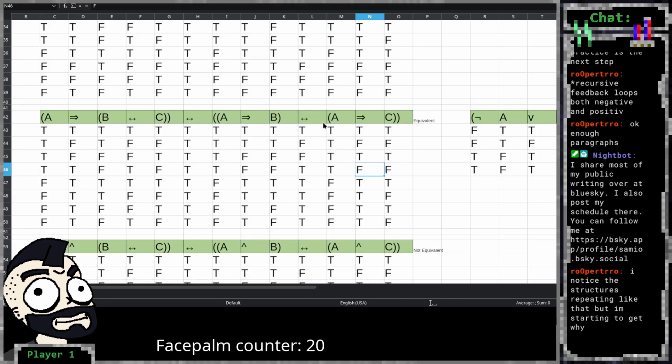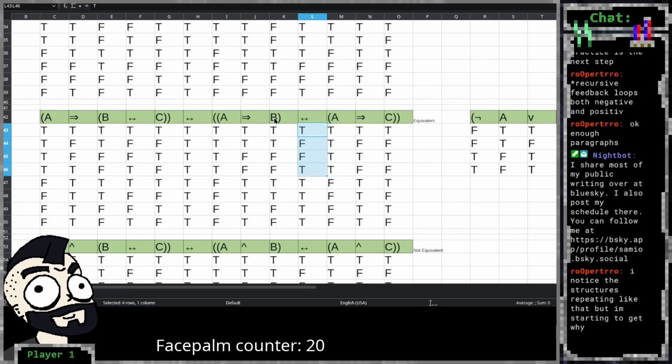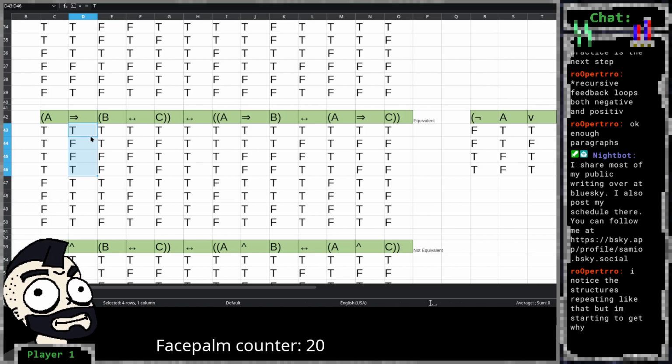A implies B if and only if A implies C. Well, in the bottom rows, yes, all true. They are both true. In the first 4 rows, that is only true when either both B and C are true or both B and C are false, which is TFFT, which is the same as here, which means we have an equivalence.